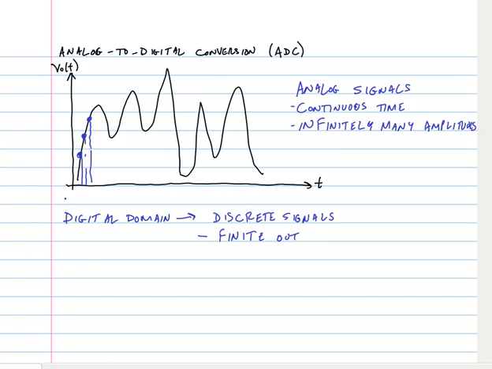And these discrete signals have finite output levels. So we had infinitely many amplitudes between each of these points that we could hear in an analog system, but in a digital system, we have finite amplitudes that we can represent. As a for instance, everybody's familiar with the Nintendo Entertainment System, NES, which was an 8-bit computer.